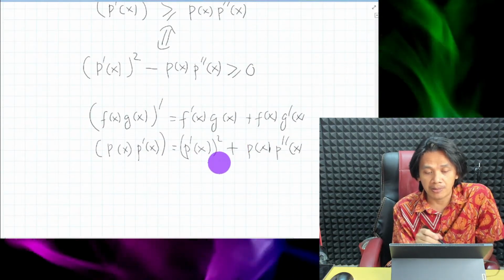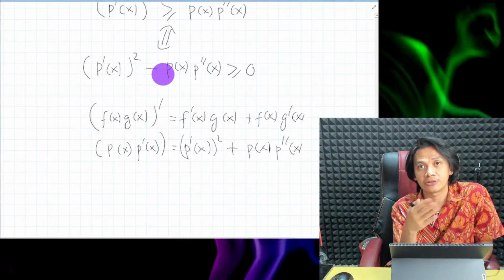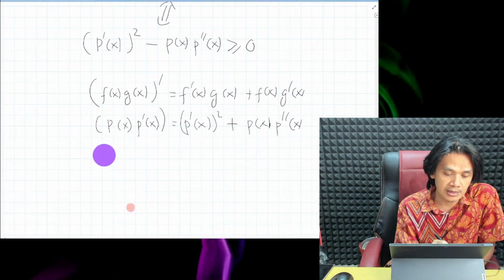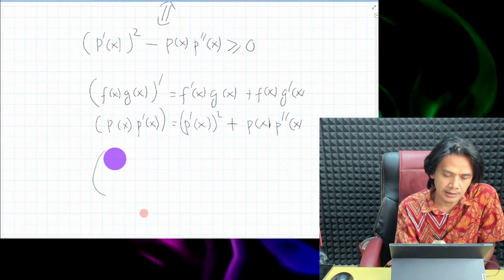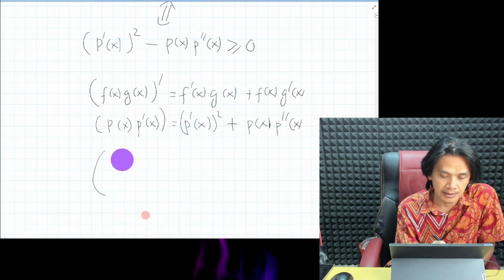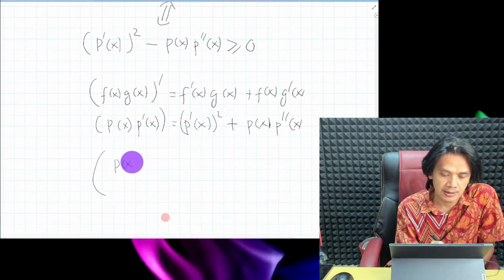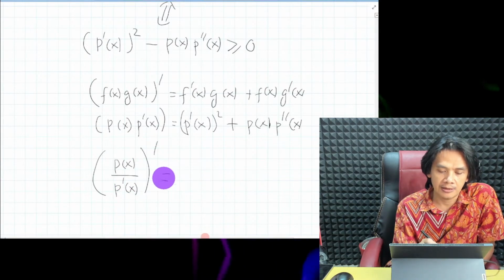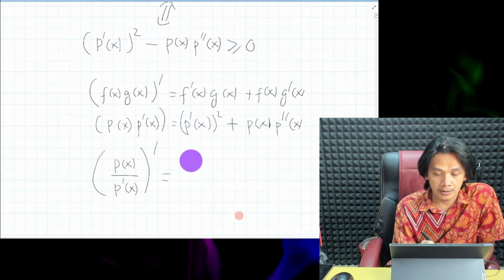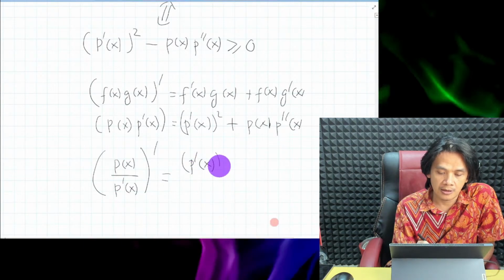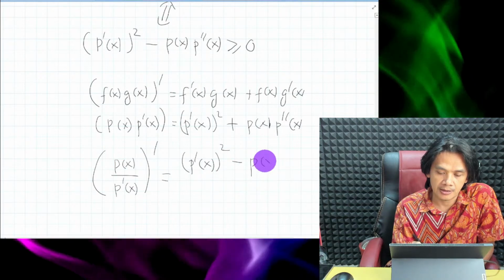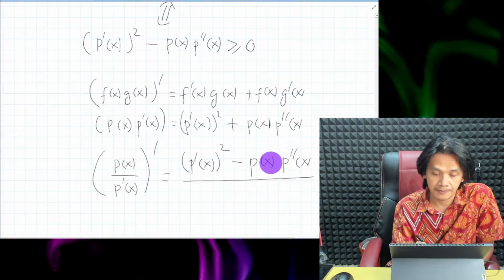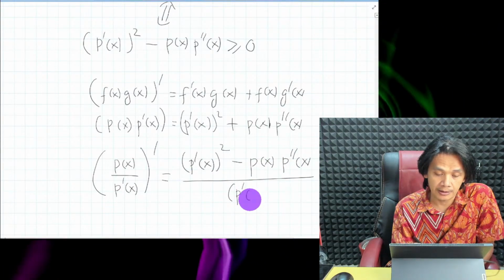So then we remember that something similar to the product rule is of course the quotient rule, right? So if we do instead, let's say, we want to have something like p of x divided by p prime of x, and take the derivative of that, it's going to be p prime of x squared minus p of x p double prime of x, divided by p prime of x squared.